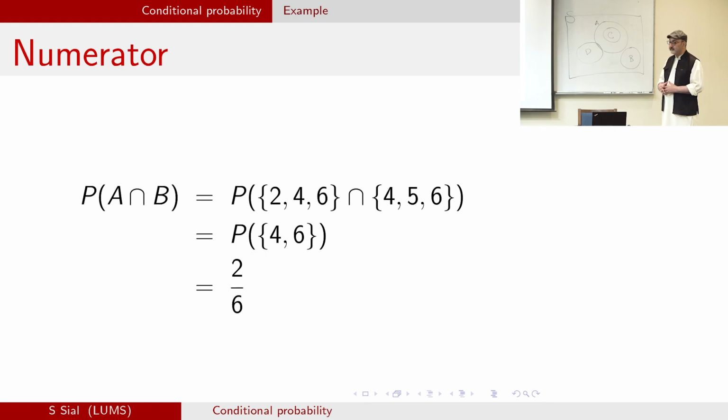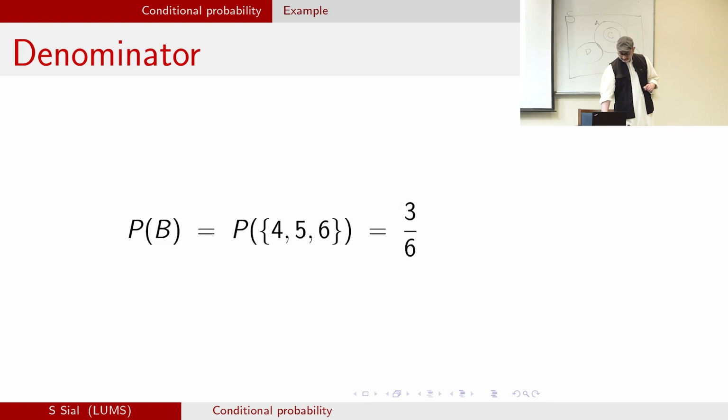What's the probability of rolling a 4 or a 6? Well, that's 2 outcomes out of 6 equally likely outcomes, so that's 2 over 6. That's the probability of the intersection. We also need the probability of B. The probability of B is the probability of rolling a 4 or a 5 or a 6.